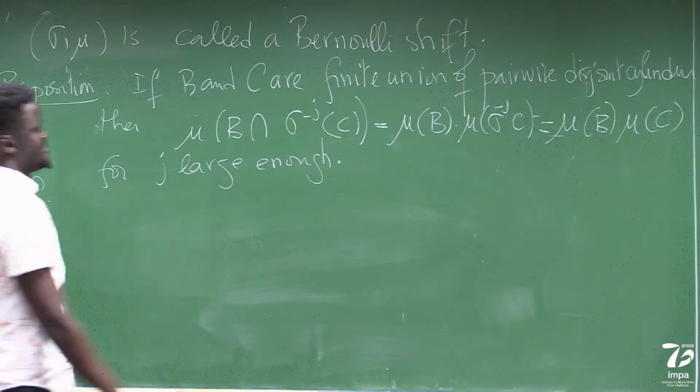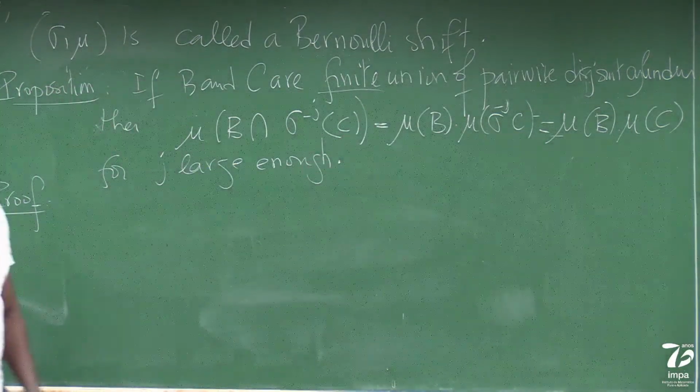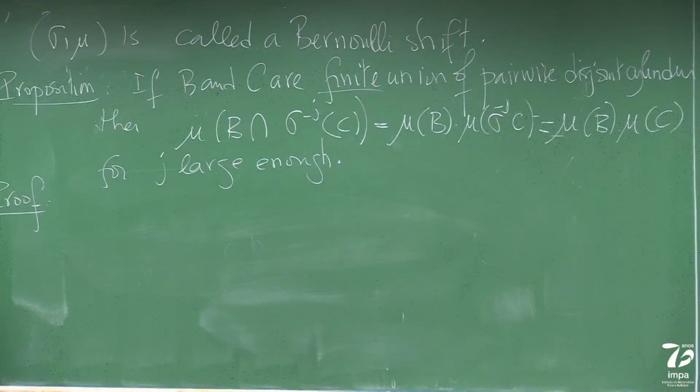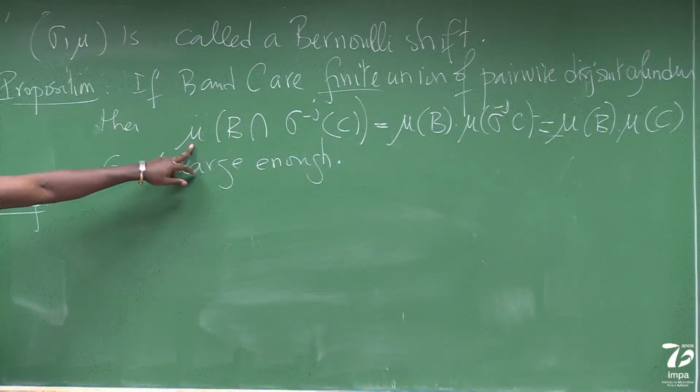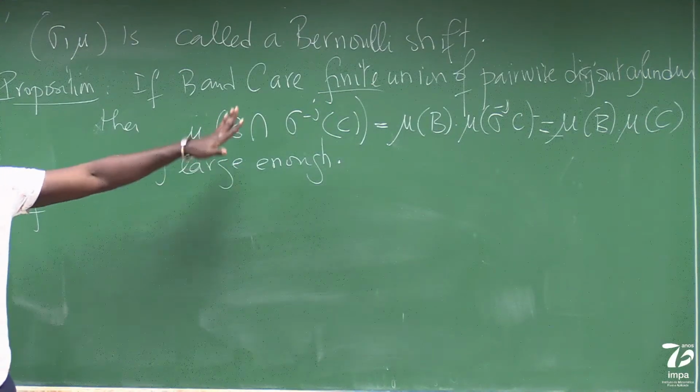So this is a finite union. So mu is finitely additive. So we can just think that B and C are cylinders to start with.